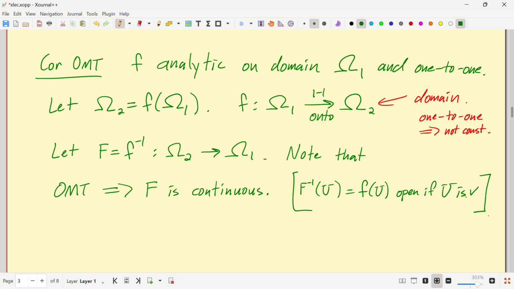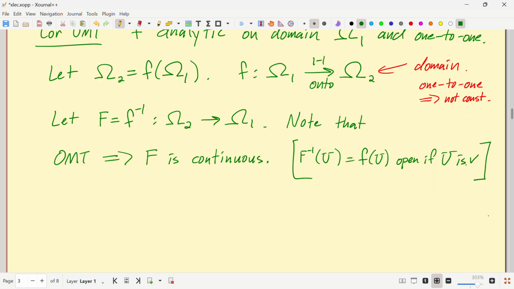Well, the interesting thing is that g is actually analytic. So 1, g is analytic on omega 2. And the derivative is non-vanishing.